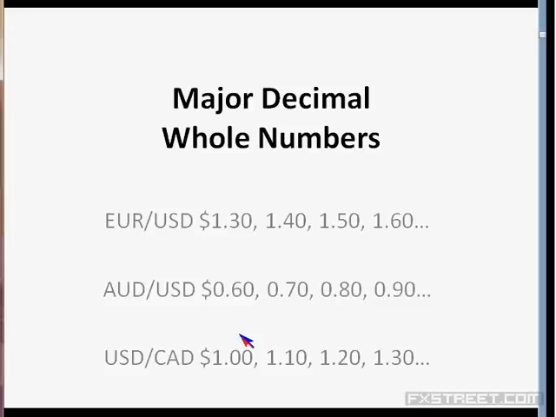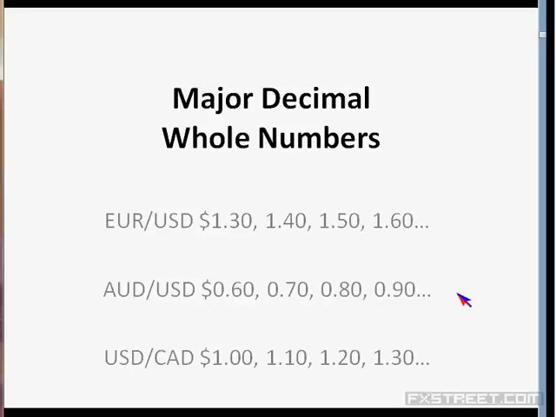Here are some examples of major decimal whole numbers when it comes to currency exchange rates. The quarters theory will consider the 1-for-1 exchange rate as the benchmark major whole number. So, for example, an exchange rate of exactly $1 for the euro-dollar pair would indicate a parity value of $1 for 1 euro.